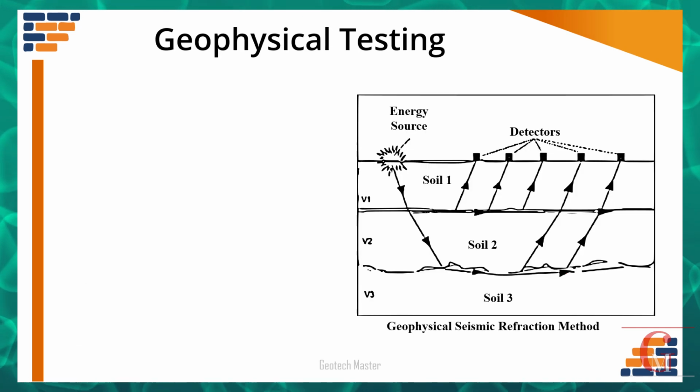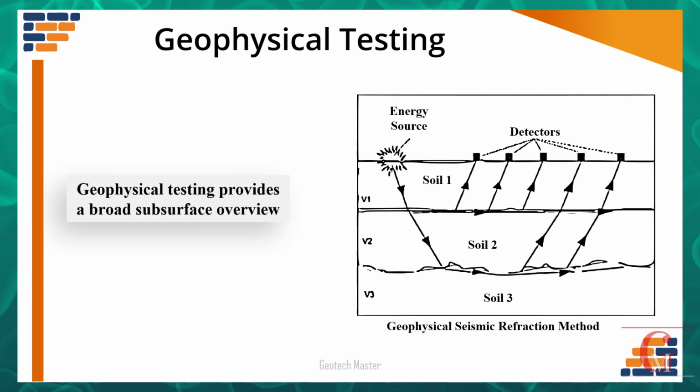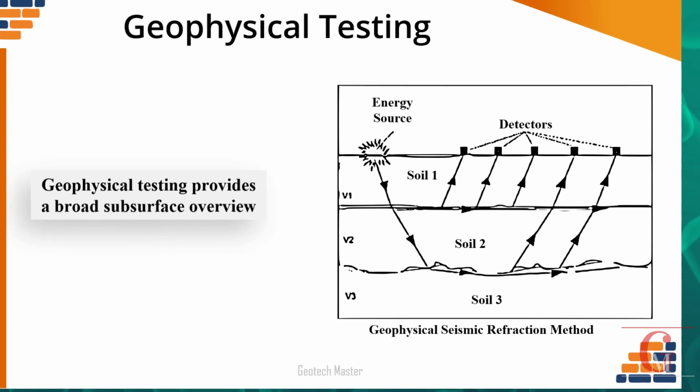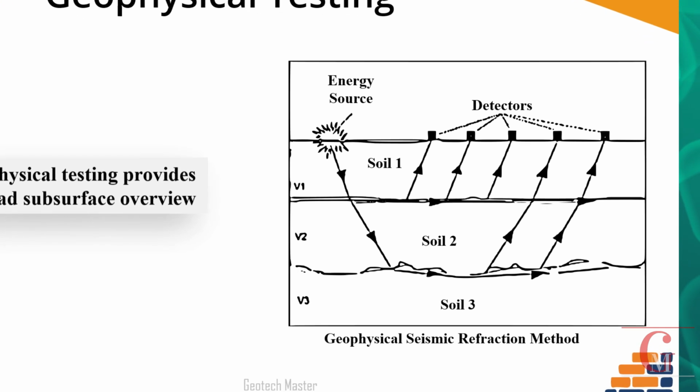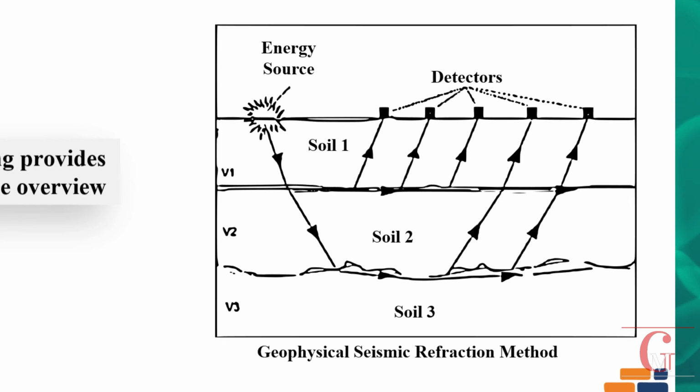Let's explore the key components of developing a good plan. Firstly, we need a plan for geophysical testing. Consider it the first step in our investigation, using non-invasive methods to get a broad overview of the subsurface.